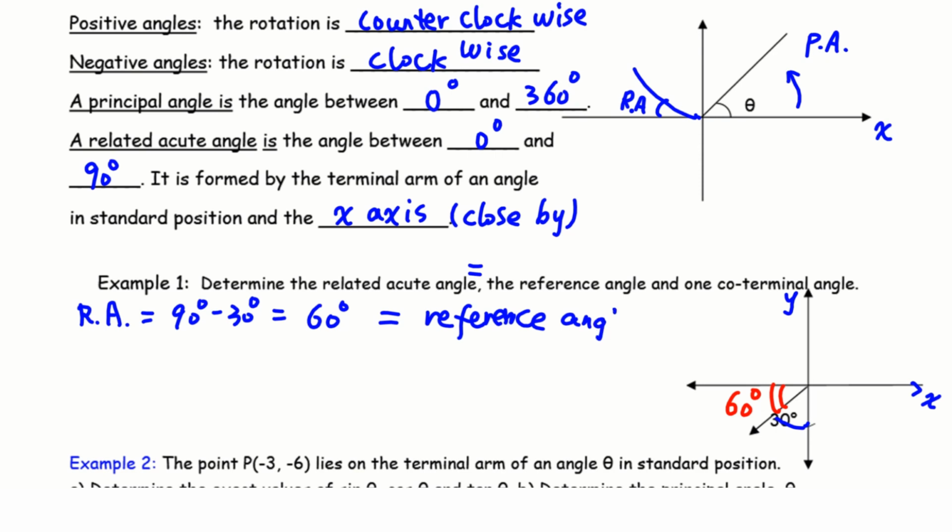And for one coterminal angle, we could find the principal angle: from the initial arm, the positive x-axis, turn counterclockwise, and the first time you reach the terminal arm, that is the principal angle.